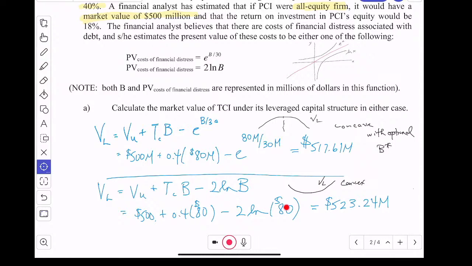So financial distress here doesn't really temper things off. Things still explode. So the value of the firm increases. So if you want the best value, the highest value, you just have an all debt firm. I say infinite, but I'll just write all debt instead.